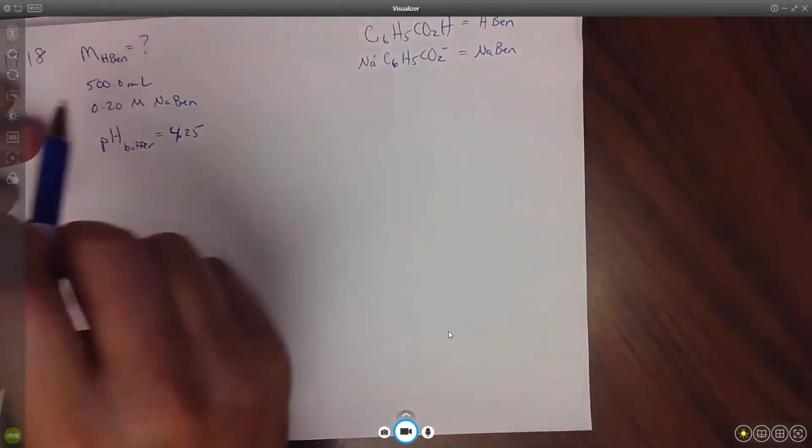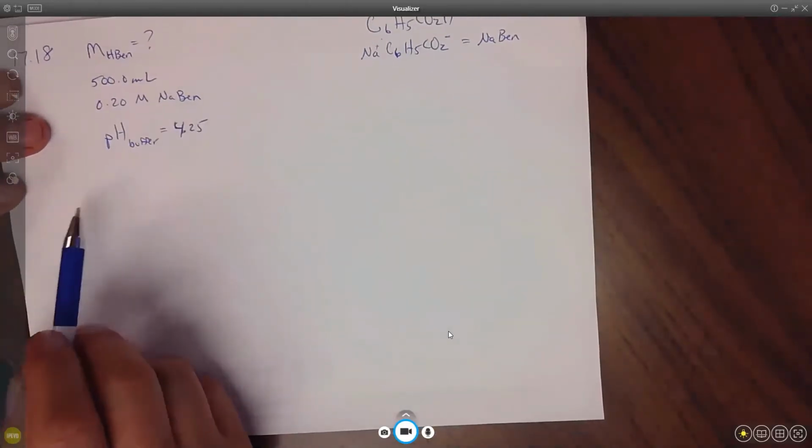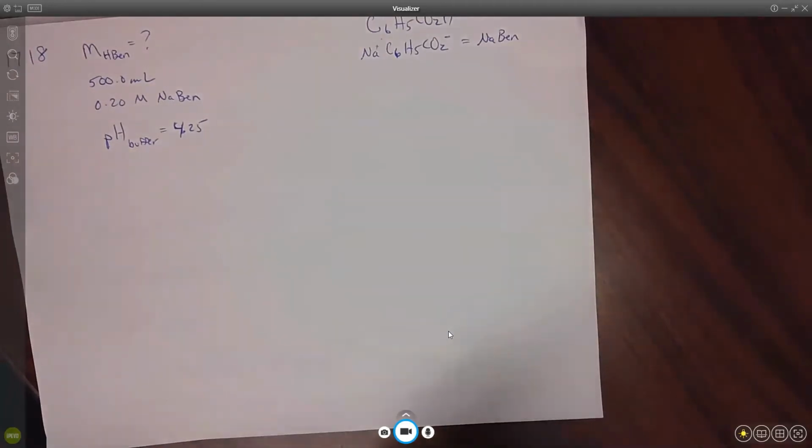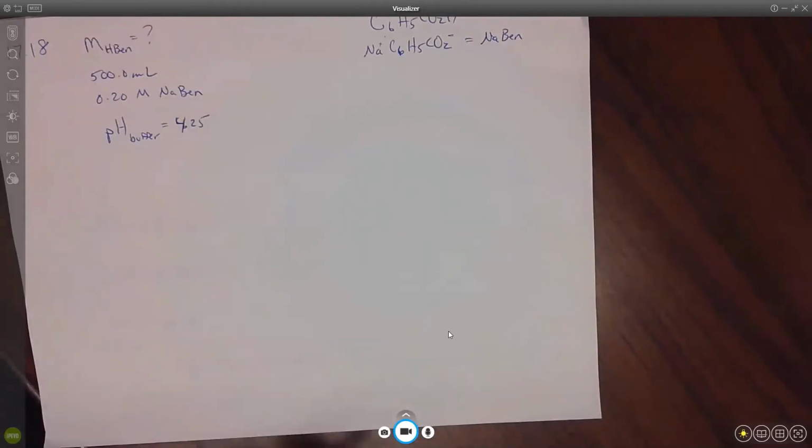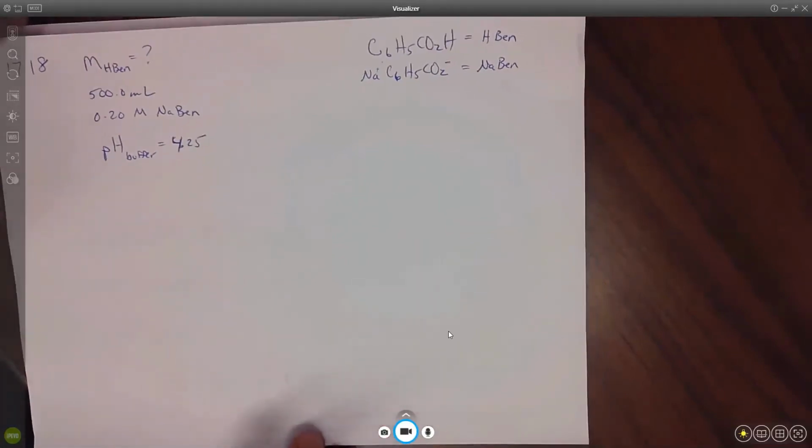So basically what I'm doing is looking for how I am going to go about solving this problem. What equation, concept, idea am I going to need to solve this? Do you want to find an acid and a conjugate base where the pKb value falls in between where your pH wants to be?